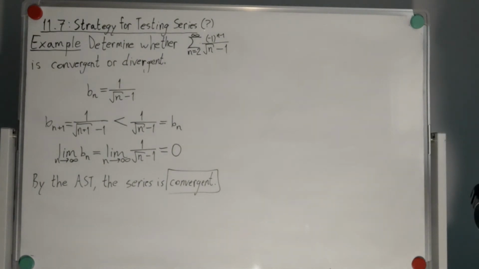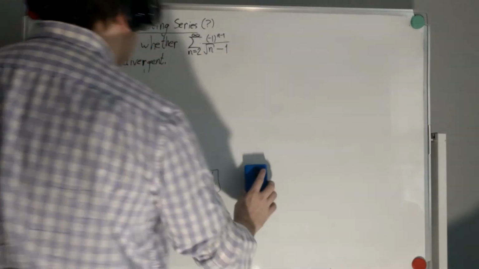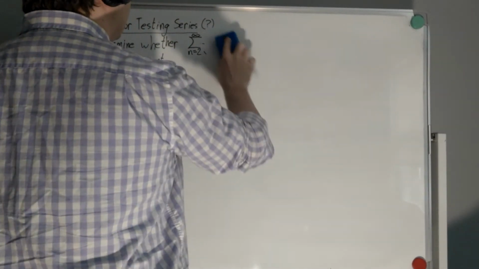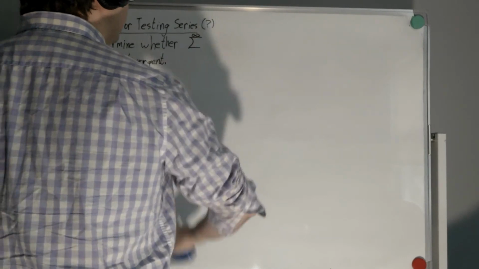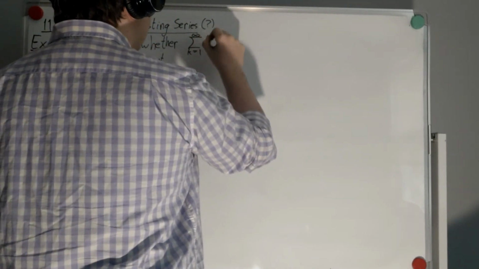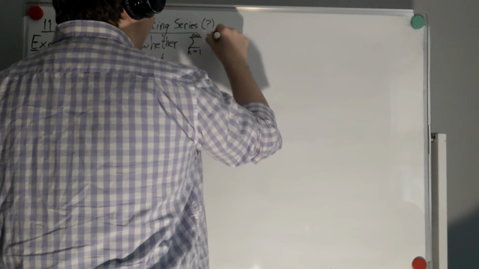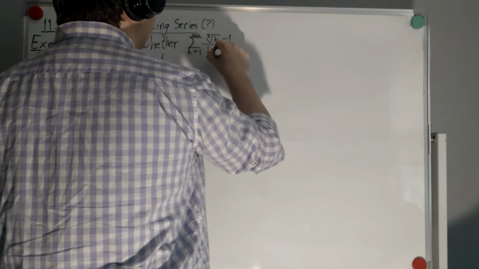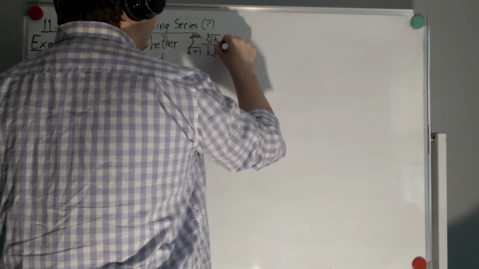Next up we have the cube root of k minus 1 over k times the square root of k plus 1. So, the sum from k equals 1 to infinity. The cube root of k minus 1 over k times the square root of k squared plus 1.